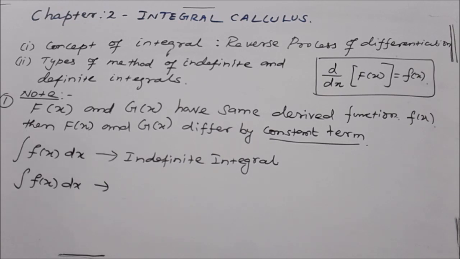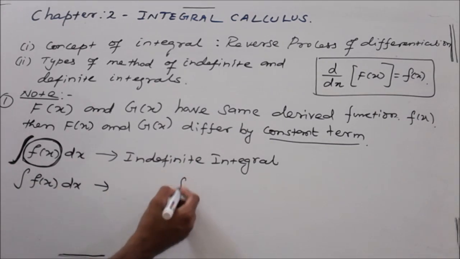The symbol, the elongated s, is known as the summation, the sign of integration. This f of x is known as the function to be integrated. The function which is to be integrated is denoted by this f of x.